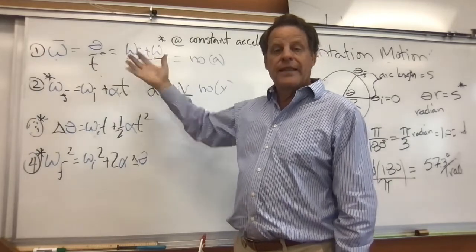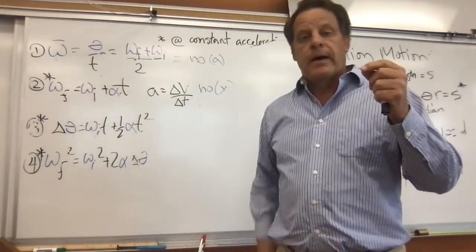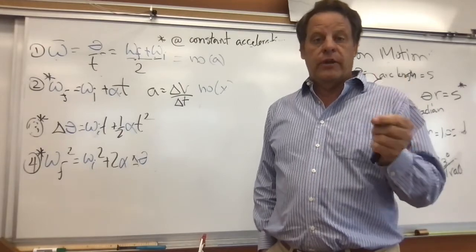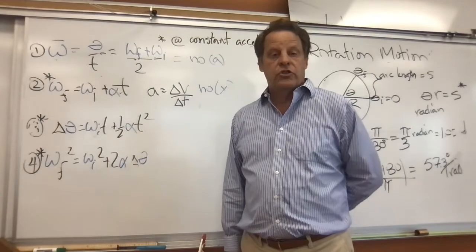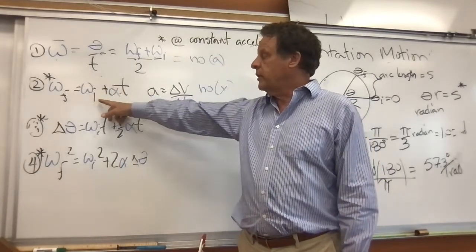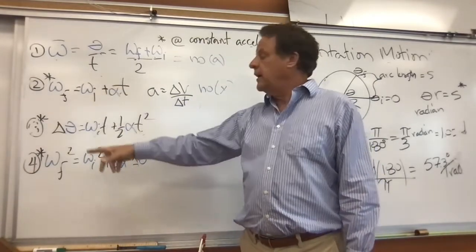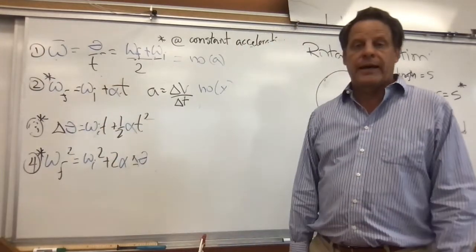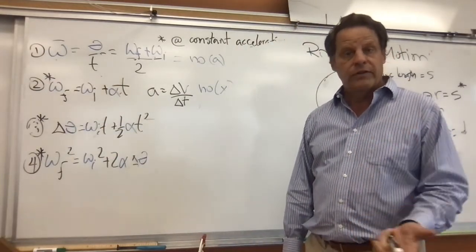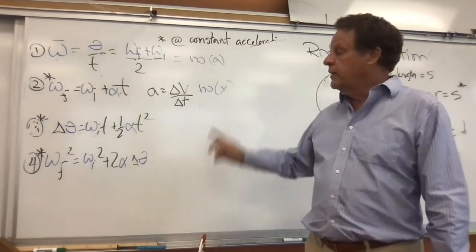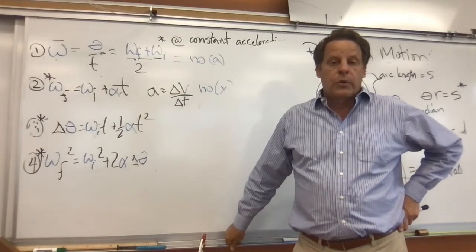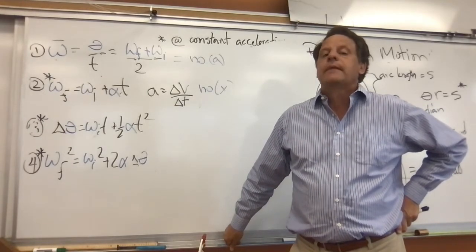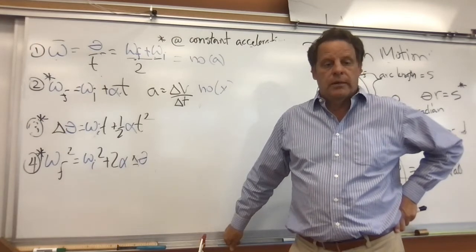I have substituted the linear variables with the rotational variables, and then we get our other relationships. Omega final is equal to omega initial plus alpha t. Change in theta is equal to omega initial t plus 1/2 alpha t squared. So the same sorts of issues: you are going to end up using these equations to calculate those rotational questions.